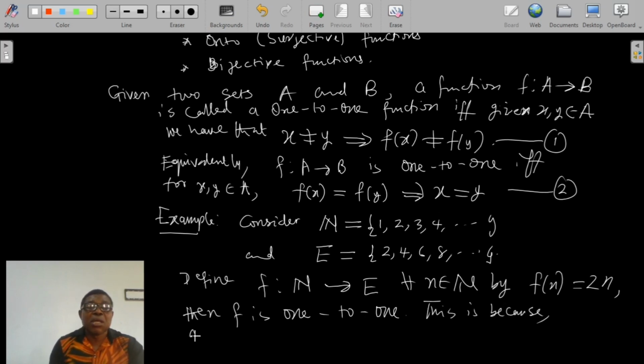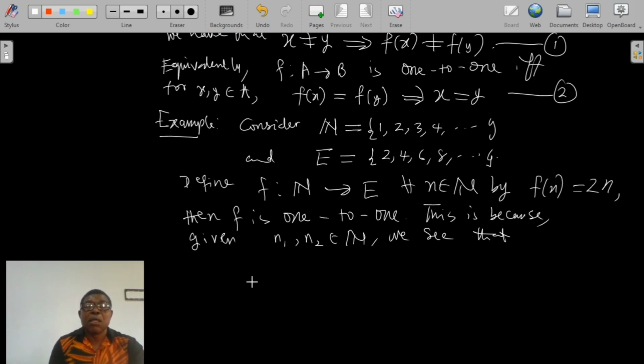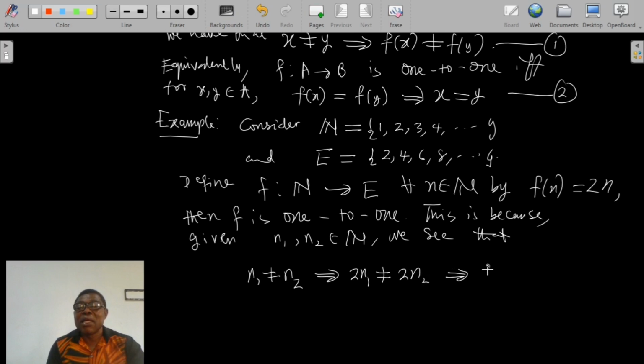This is because, given n1, n2 in N, we see that n1 not equal to n2 implies that 2n1 is not equal to 2n2, and this implies that f of n1 is not equal to f of n2.